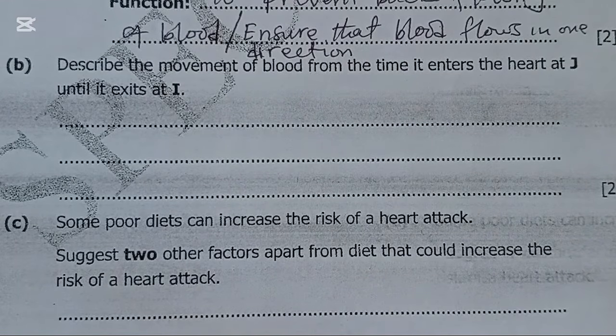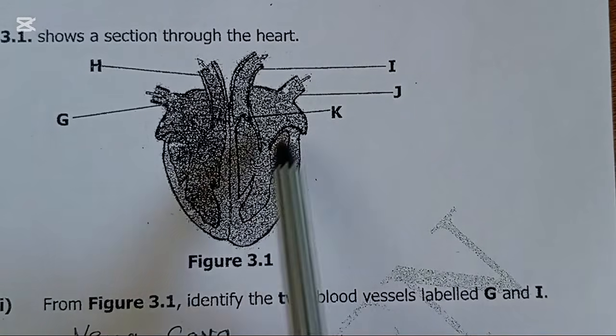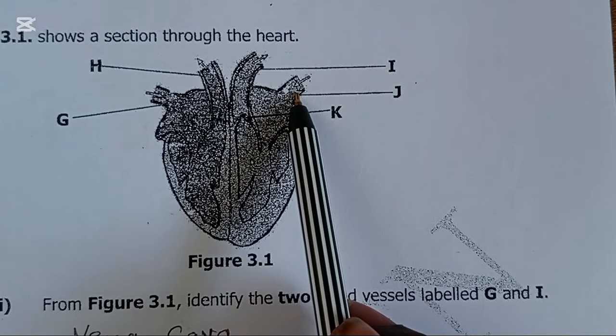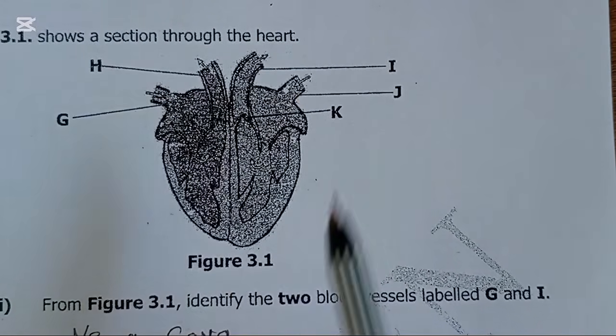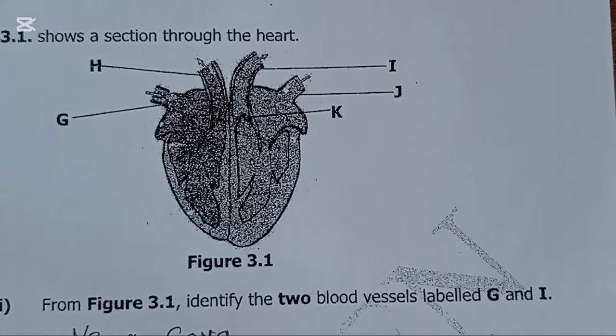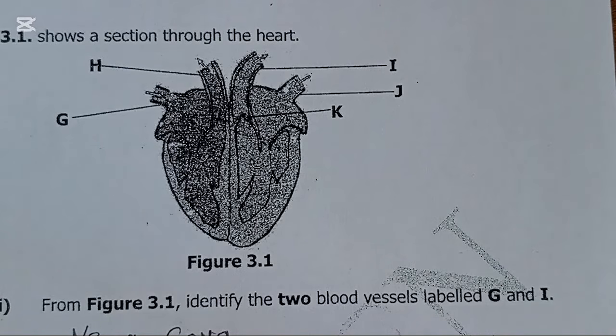Part B, describe the movement of blood from the time it enters the heart at J until it exits at I. J is the pulmonary vein, and I is the aorta.